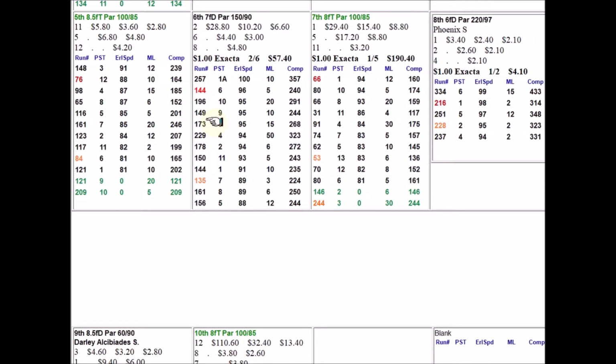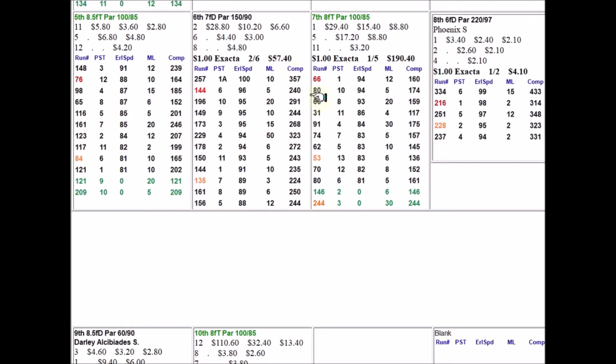Some people with experience with Ability X ratings may remember that the par originally set at Keeneland back in 2009, I believe, was 175 for the 7 furlong distance.